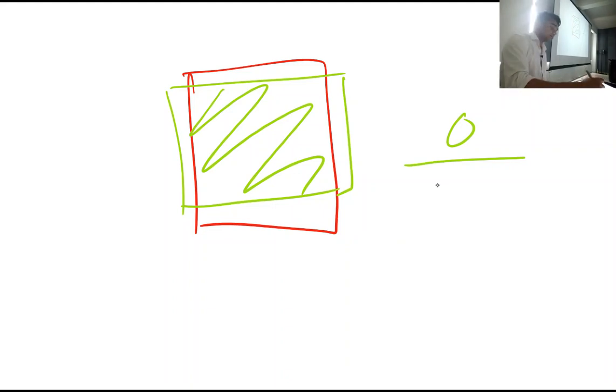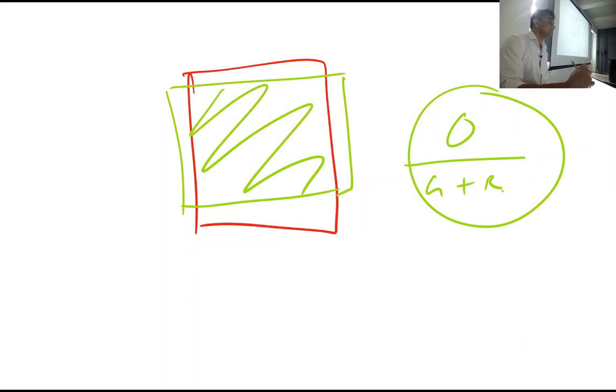The total area is the area of the green plus the red. This is IOU. This is clear? And you do it for 100 images, this becomes mAP, mean average precision.